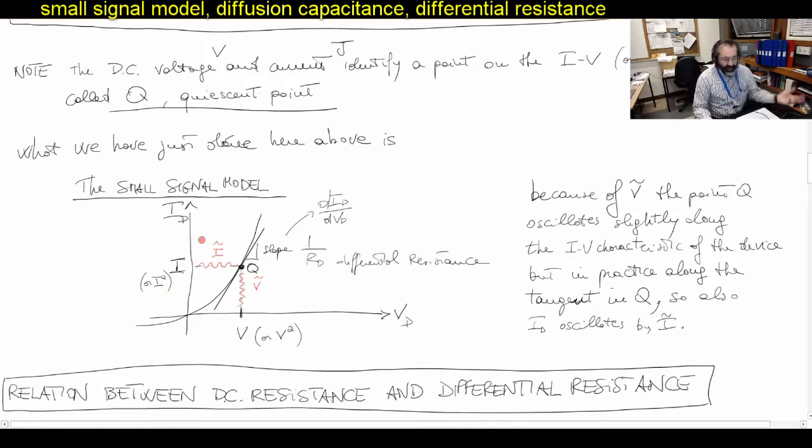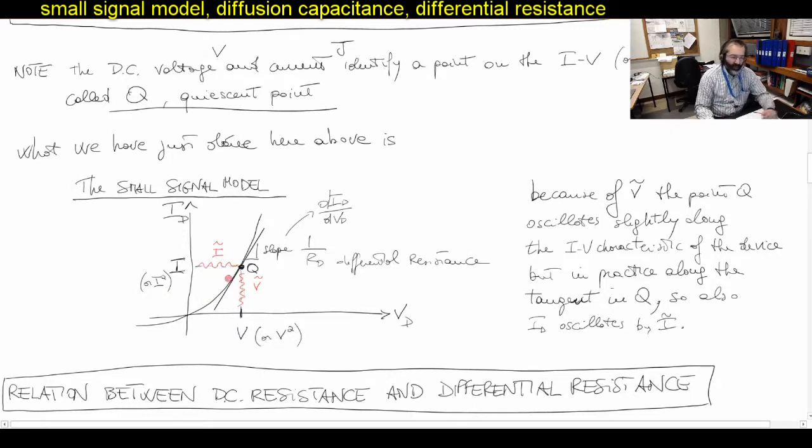Then on top of this signal V, we apply a small oscillating voltage, V tilde. As a result, Q will oscillate a little bit around this point, which means that on top of the DC current I we will also have an oscillating current I tilde. This is effectively the small signal method.